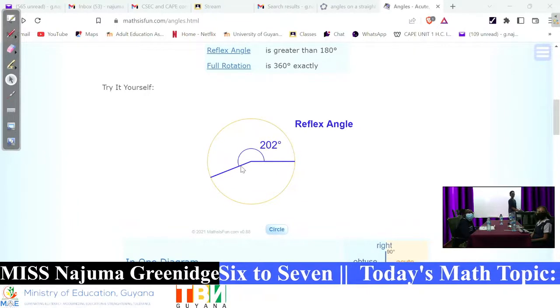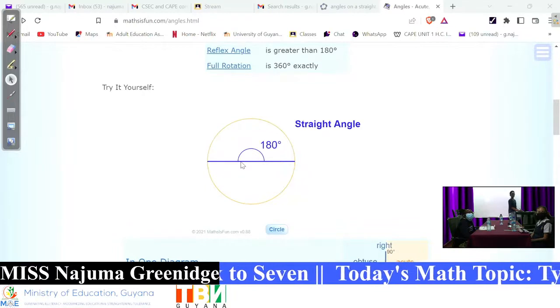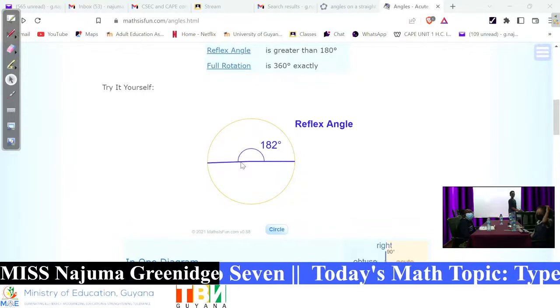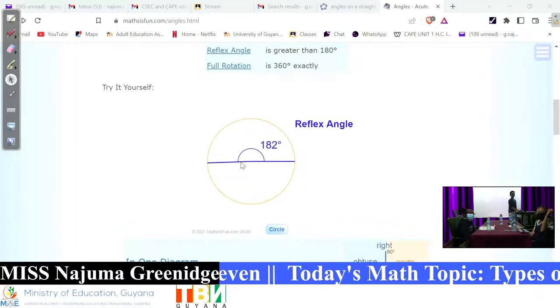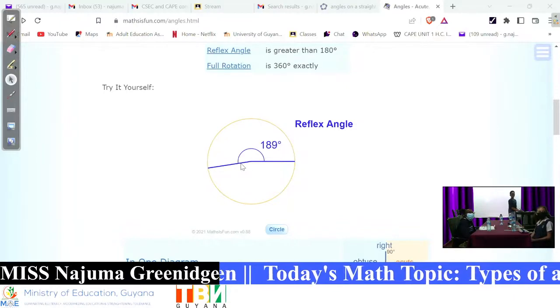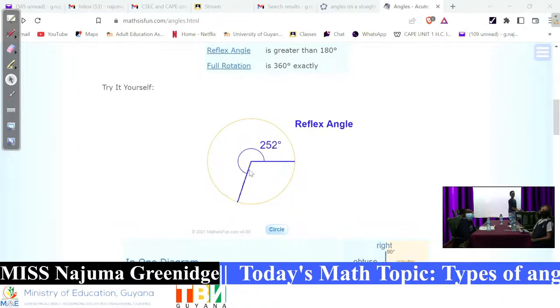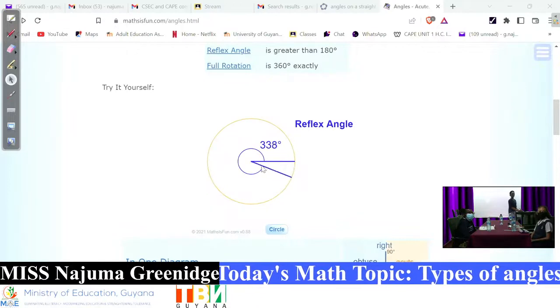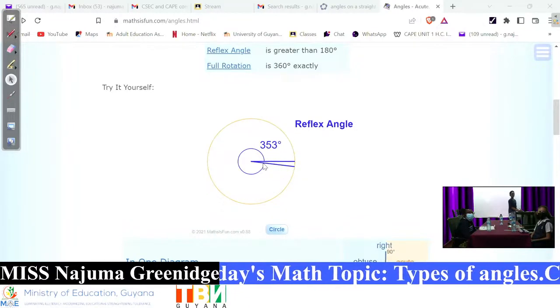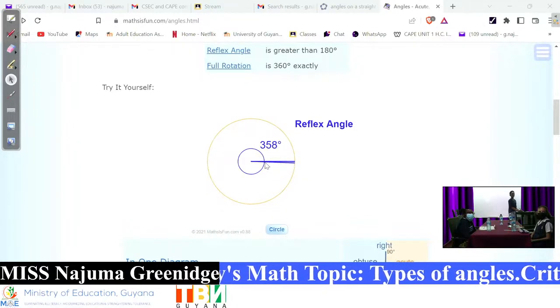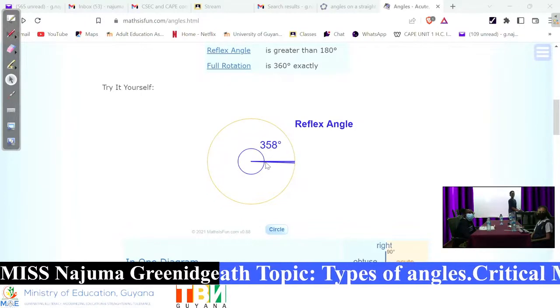So I'm in the reflex zone. Even if I add on 1 there, I'm in a reflex zone. All the way around to almost 300 and let's say 358, 359. See my reflex angle?